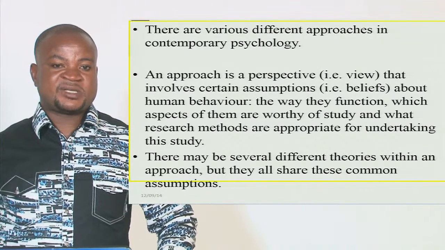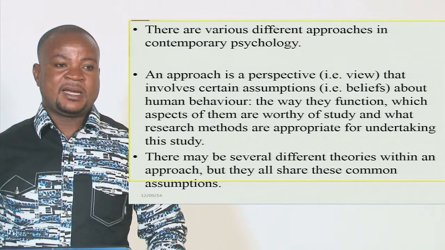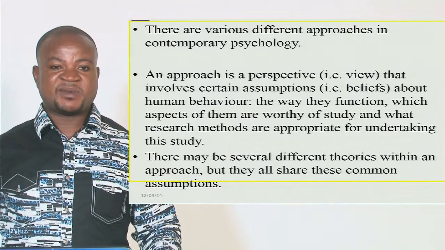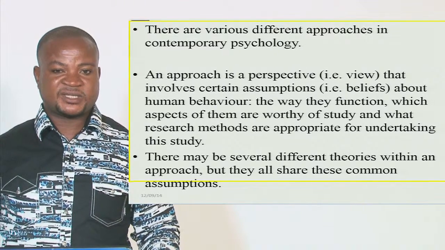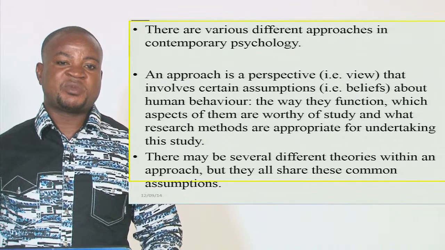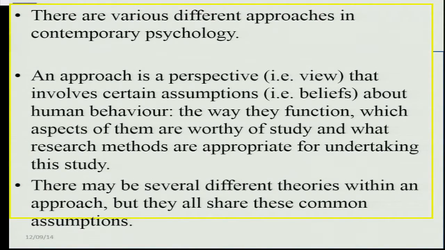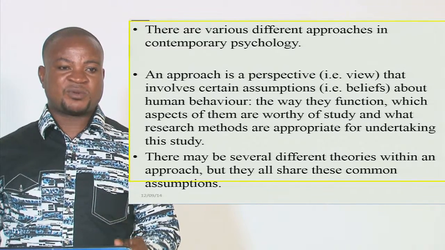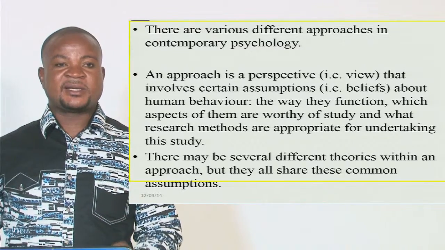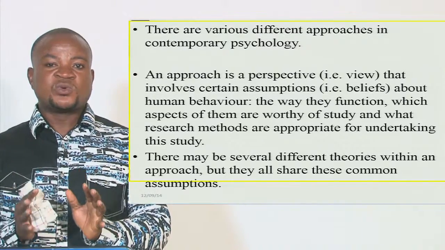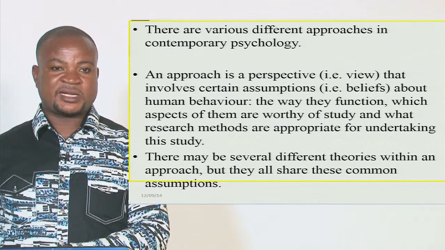So there are various approaches in psychology, and an approach is simply a perspective that involves certain assumptions or beliefs about human behavior: the way they function, which aspects of them are worthy of study, and what research methods are appropriate for understanding this study. So what it means is that if you pick a particular approach in psychology, then you are limited to certain tools you have to use if you want to work with that approach.